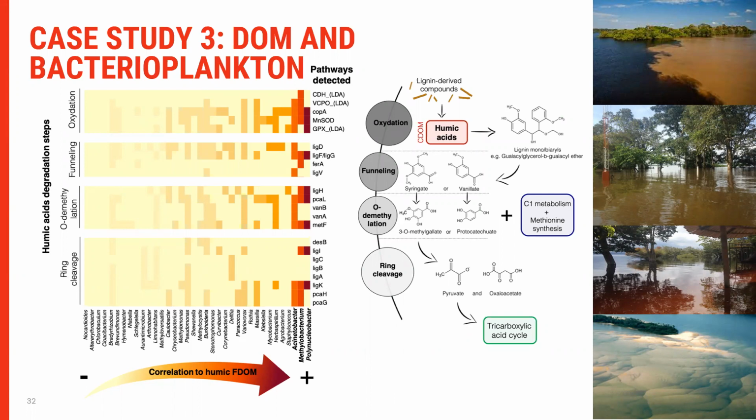And what we found, and we correlated this to humic DOM, is that these three bacteria, mostly polynucleobacter, were highly correlated with genes involved in the decomposition of terrestrially derived humic material. And this is likely why they're more abundant in the black water environments compared to the white water and the clear water environments.